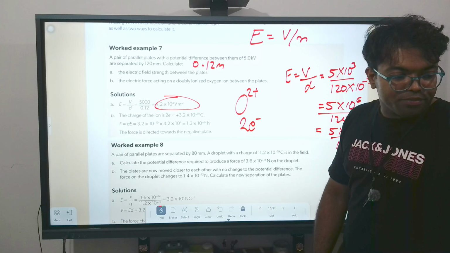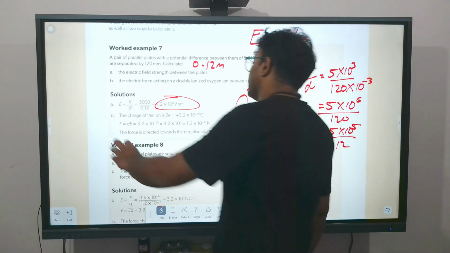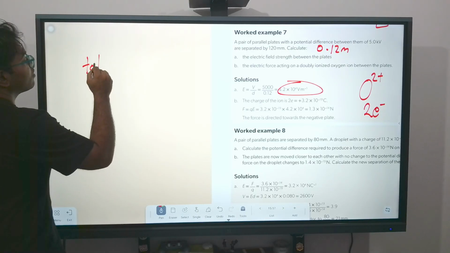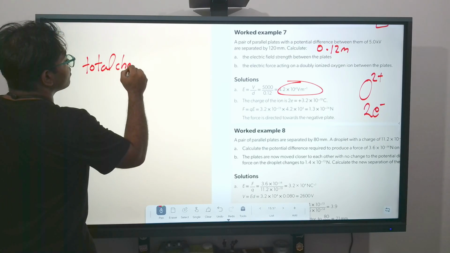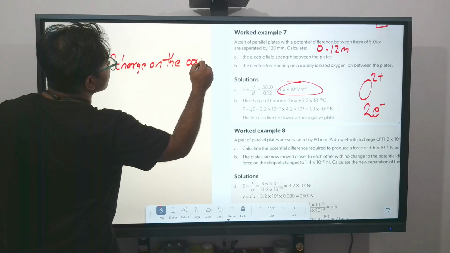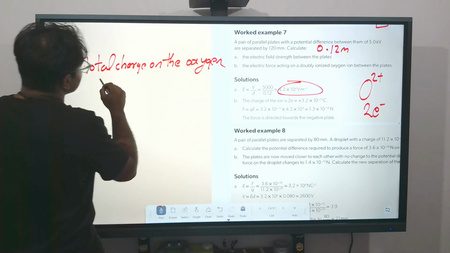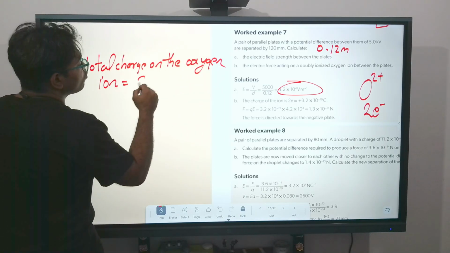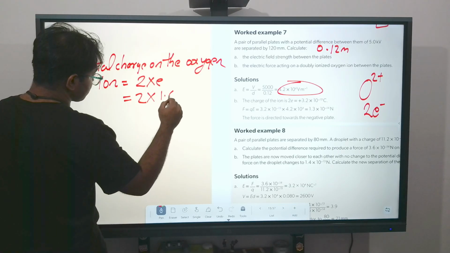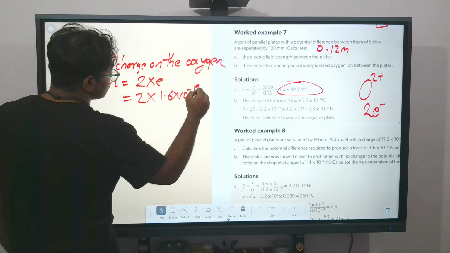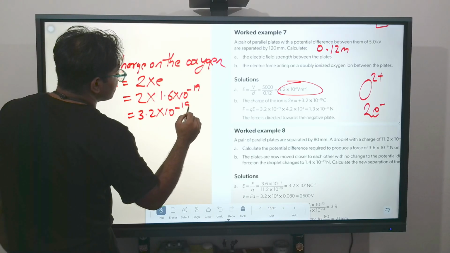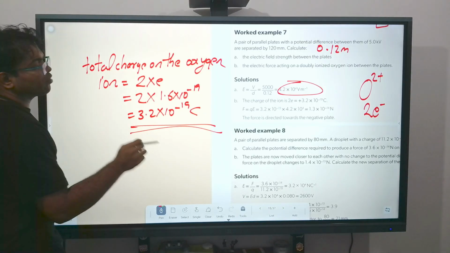So the total charge is equal to 2 multiplied by e, equal to 2 multiplied by 1.6 into 10 to the power of minus 19, which is 3.2 into 10 to the power of minus 19 coulombs of positive charge.